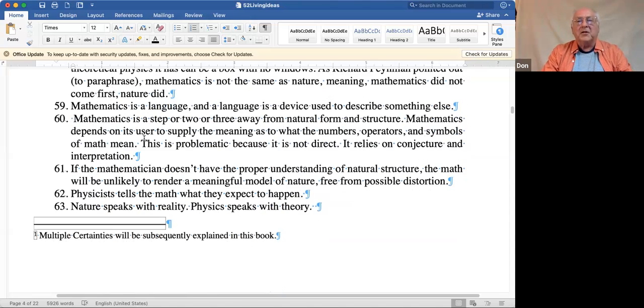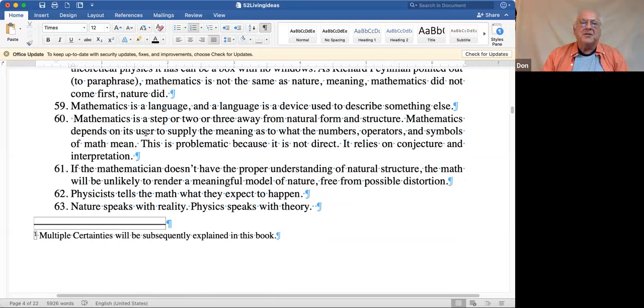Mathematics is a language, and a language is a device used to describe something. Mathematics is a step or two or three away from natural form and structure. Now, here's the real point.